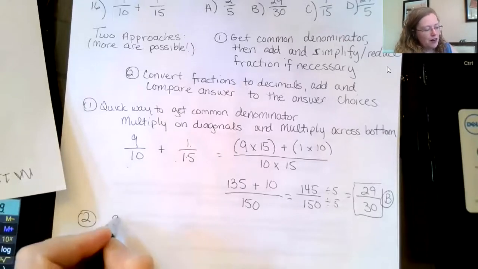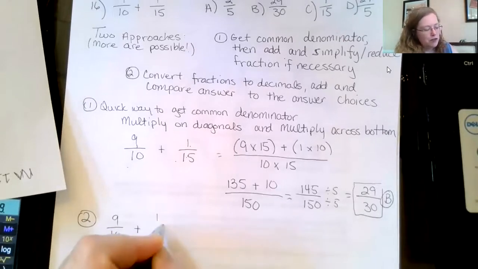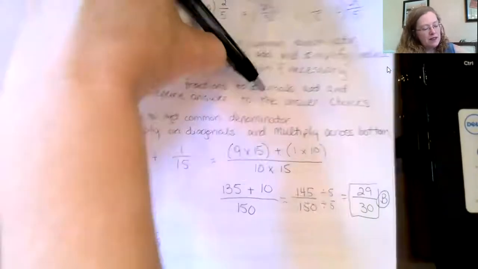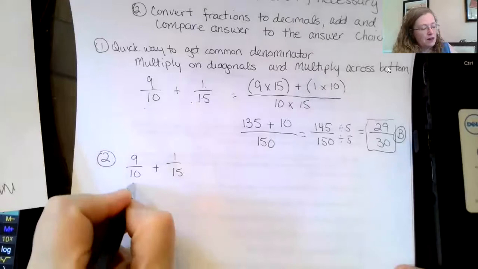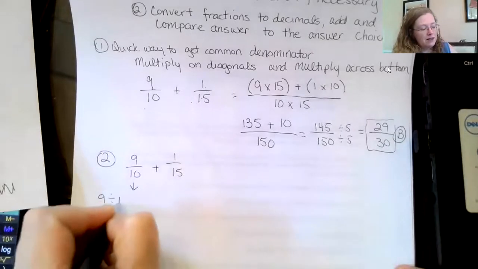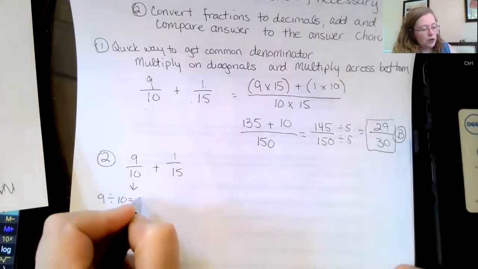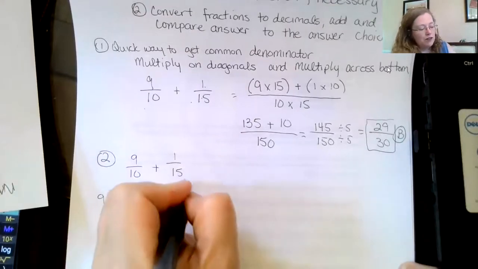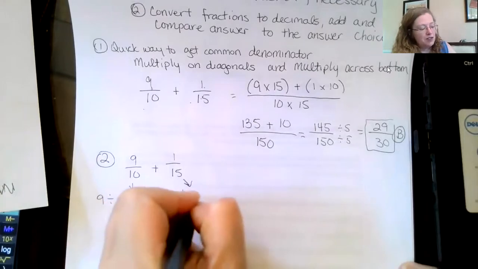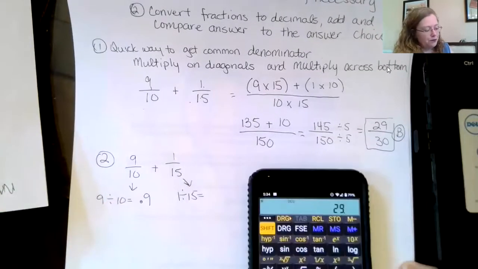I'm still working with 9/10 plus 1/15. In this case, I'm going to convert them to decimals. 9 divided by 10 is equal to 0.9. And 1 divided by 15, I'll check that one in my calculator.